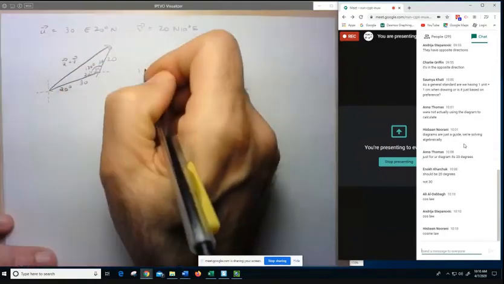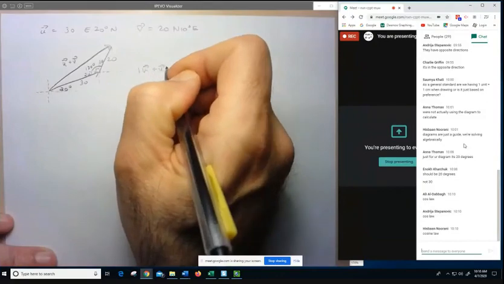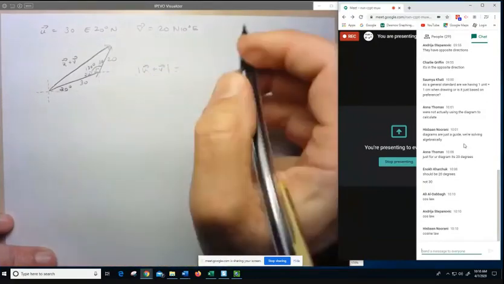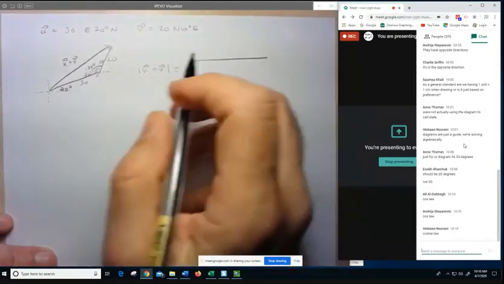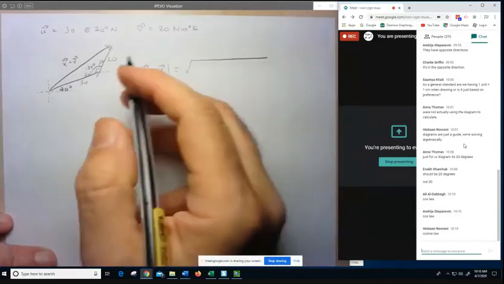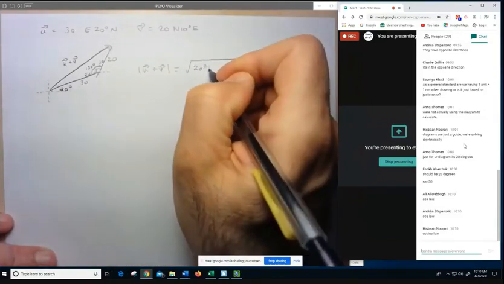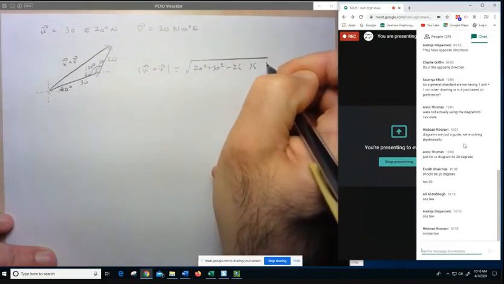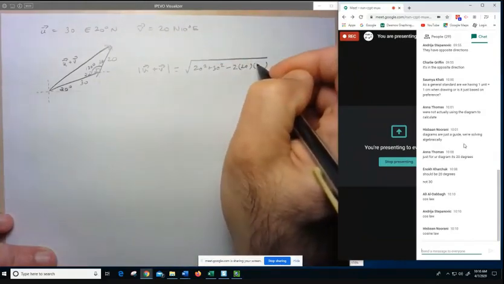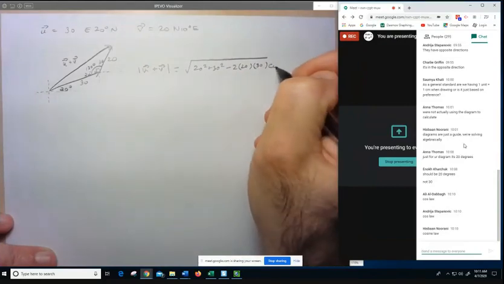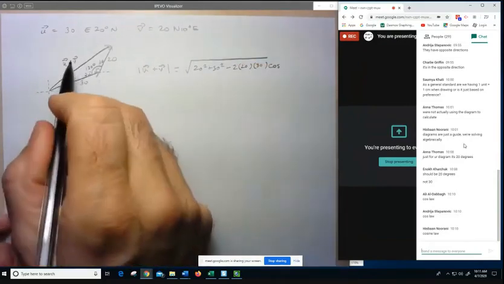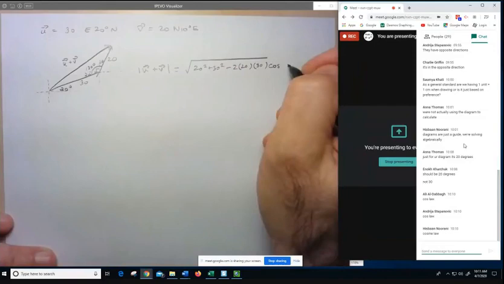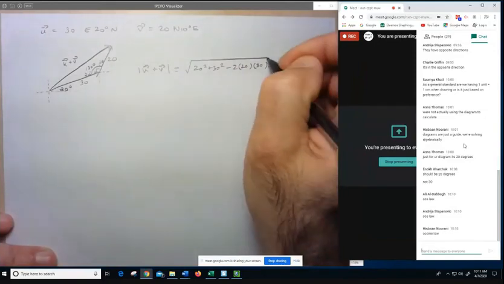The magnitude of u plus v is going to be equal to the square root of the sum of the squares of the two sides: 20 squared plus 30 squared minus 2 times those two other sides, 20 times 30, times the cosine of the angle opposite u plus v, so cosine of 120.